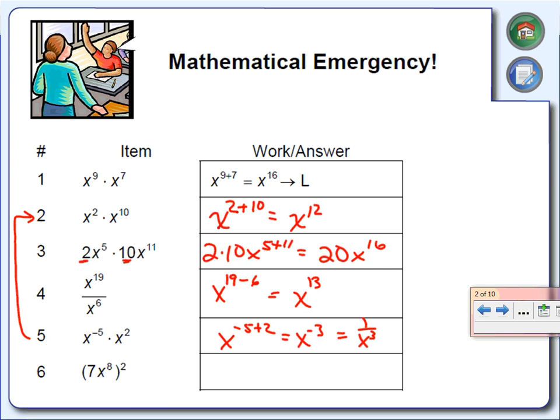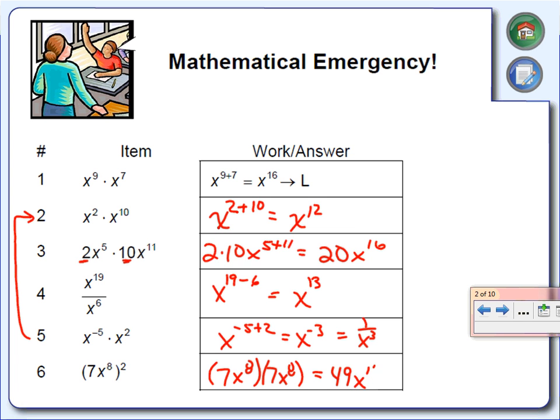And number 6 here, 7x to the 8th squared. Well, whenever we square something, we're saying to multiply that by itself. So what we're doing here is we're multiplying 7x to the 8th times another 7x to the 8th. So what do you get when you multiply 7 times 7? 49. What do we get when we multiply x to the 8th times another x to the 8th?